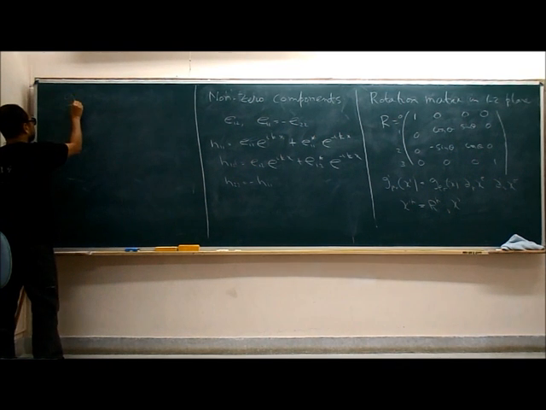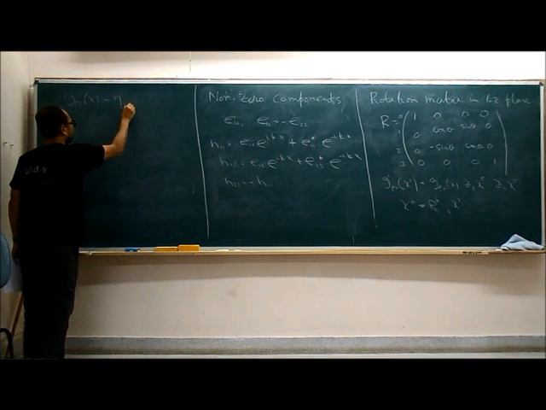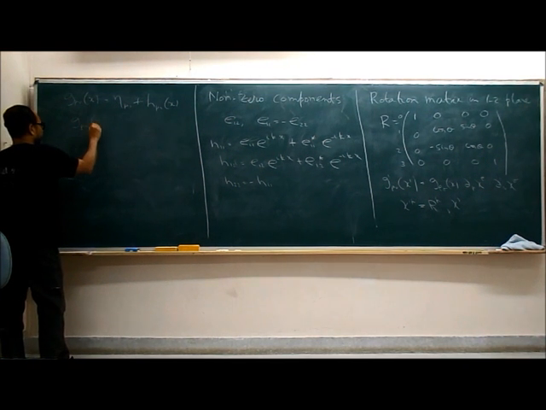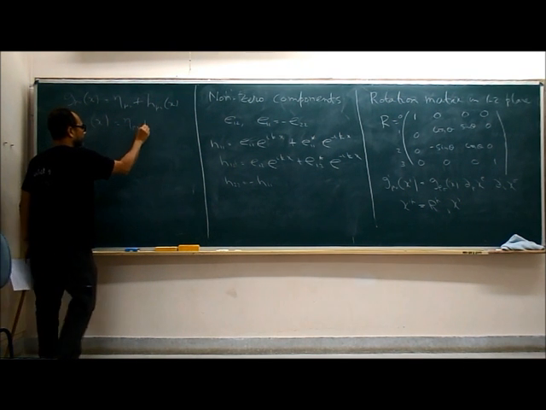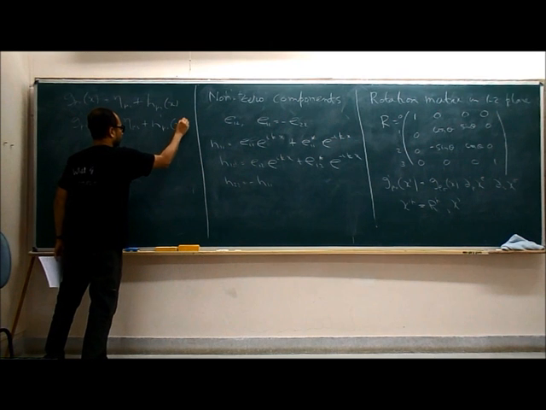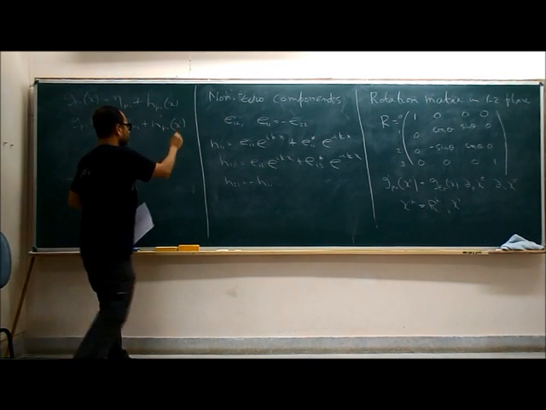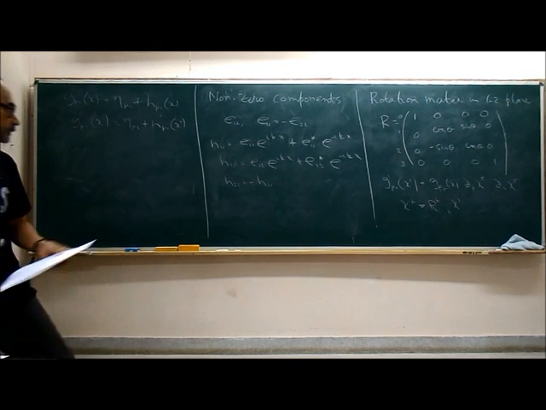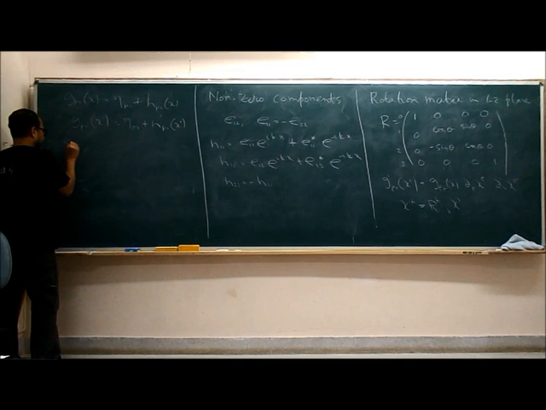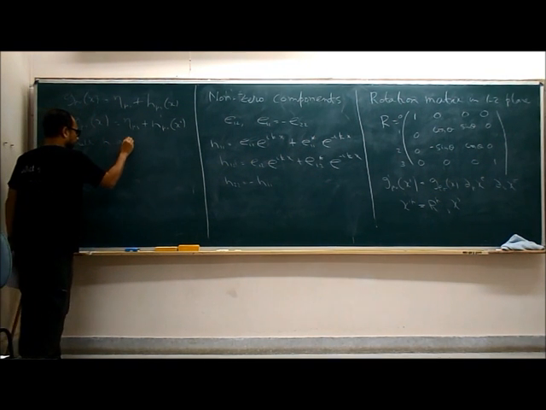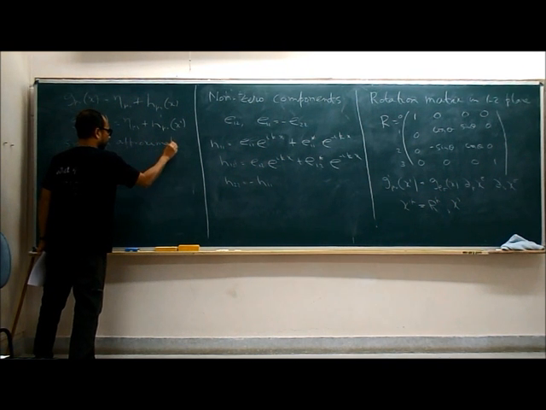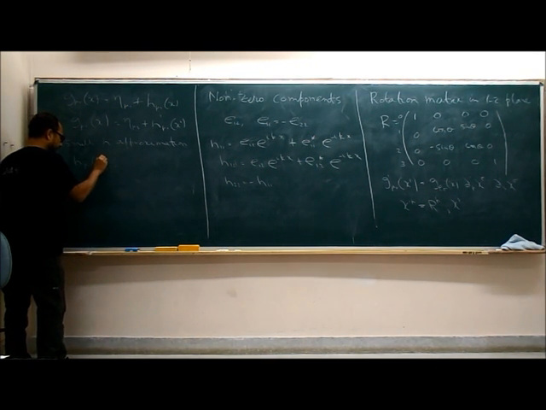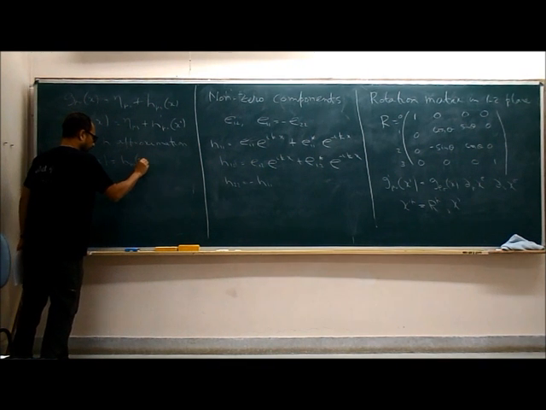So if we now use g mu nu of x as eta mu nu plus h mu nu of x, and g prime mu nu of x prime as eta mu nu plus h prime mu nu of x prime, and use the small h approximation, but this is not even necessary in this case, we will get h prime mu nu of x prime in terms of h mu nu of x.